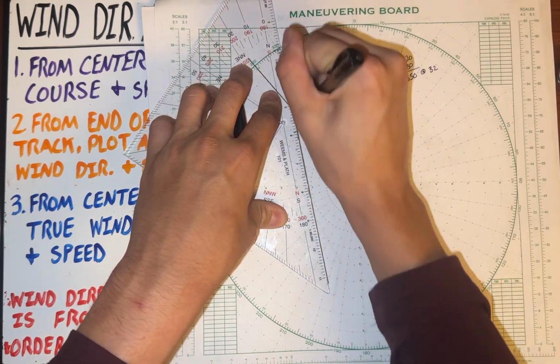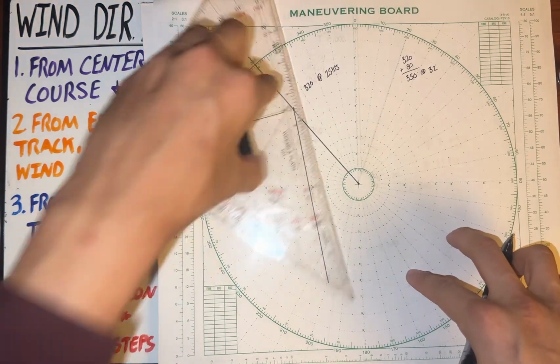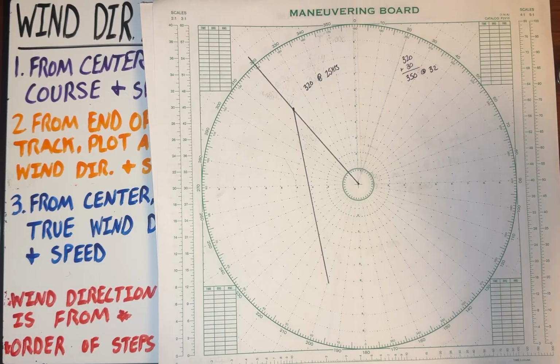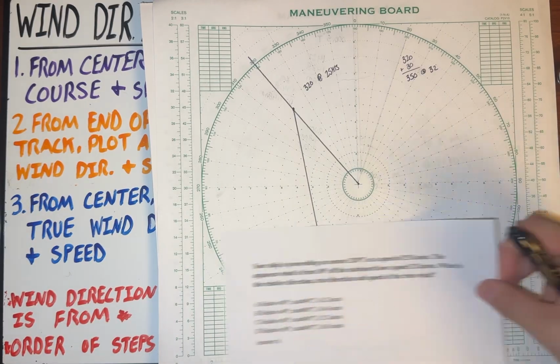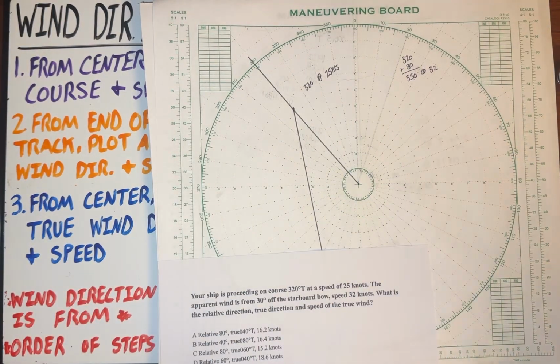So remember, step 2 is from the end of our track, plot our apparent wind direction. So we have the direction, now we want to plot the speed. Our speed is 32 knots, same scale.